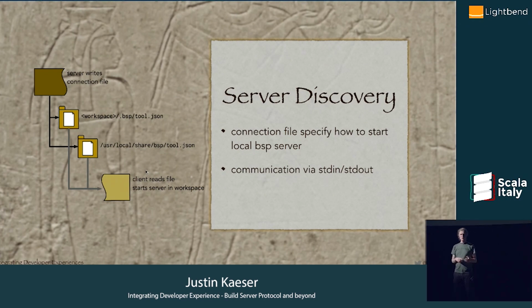When you install a build server, like Fury, and generate a project, the build server will place a server connection file, that's just a JSON, that describes how to start a server process. And the client, if you want to open this project, just looks for this connection file and starts the server process. It will communicate with the server process simply over standard in, standard out.